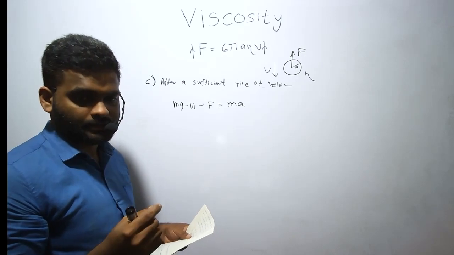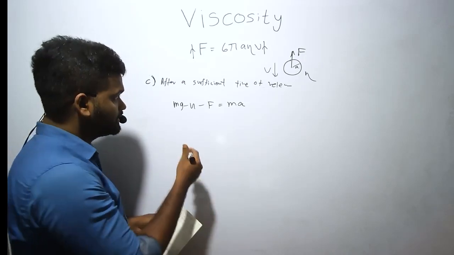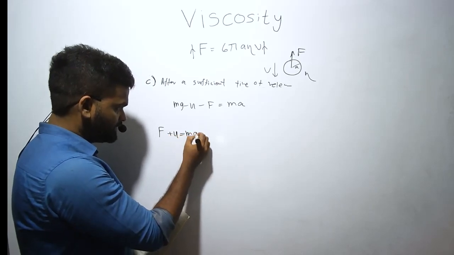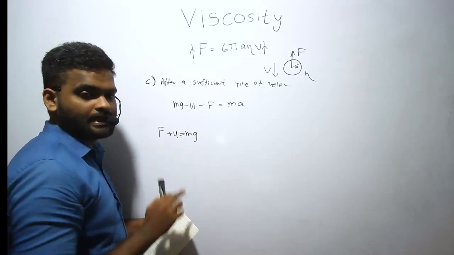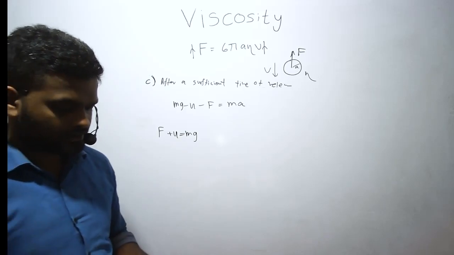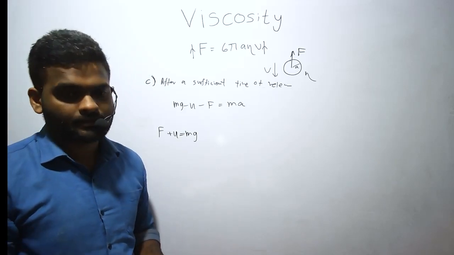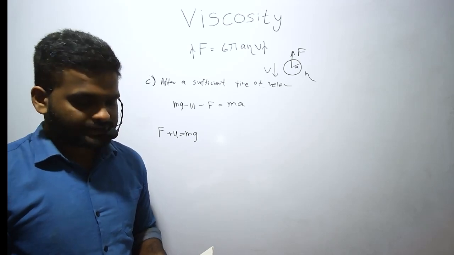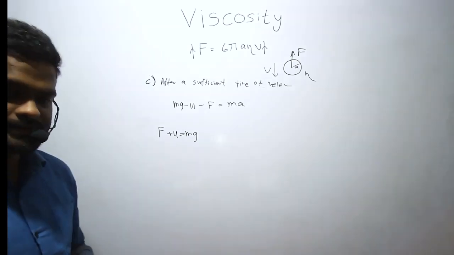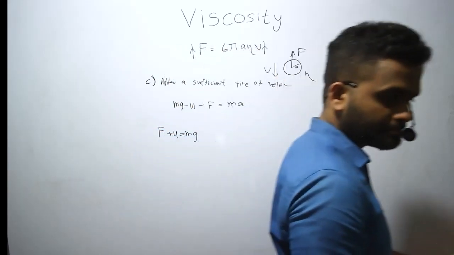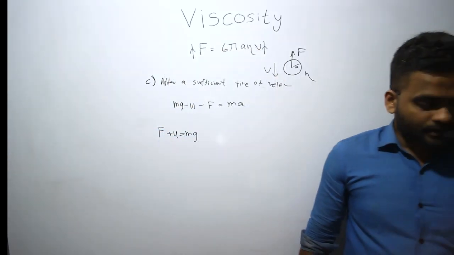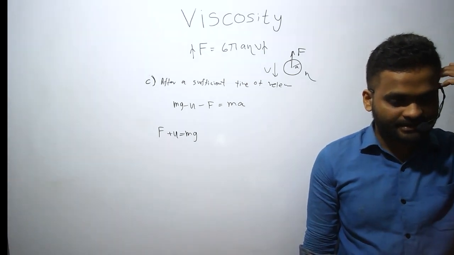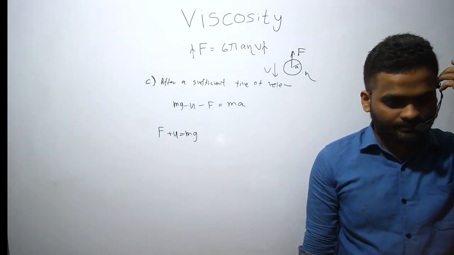After, next sentence, after F plus U equals mg, comma, the sphere falls at constant velocity. Sphere falls at constant velocity.